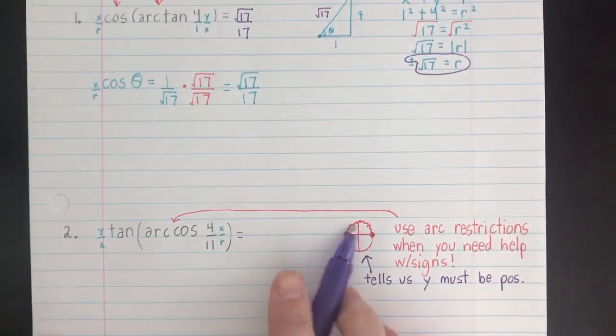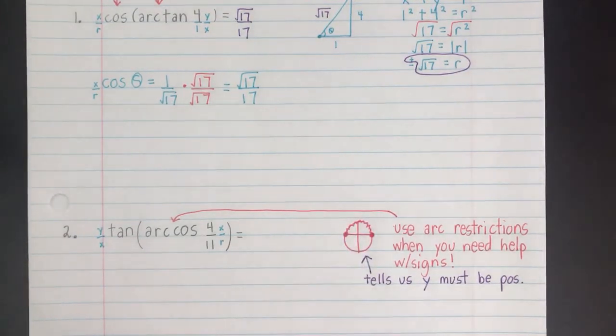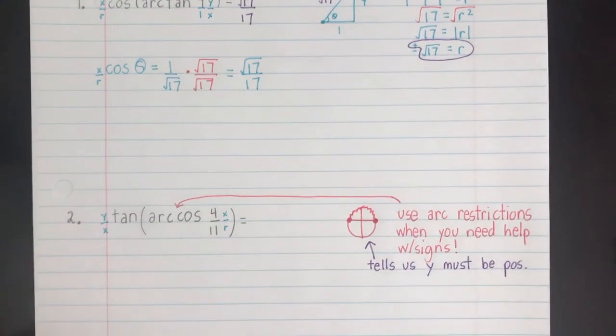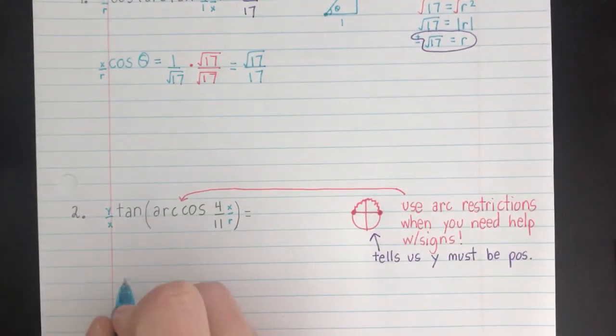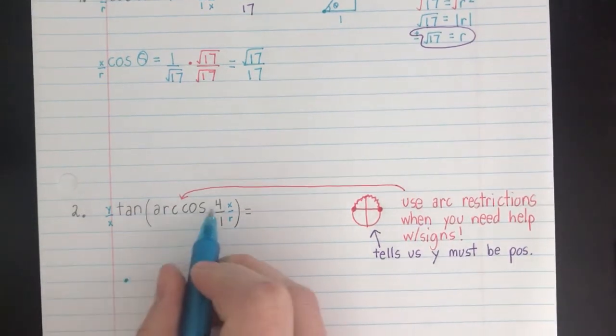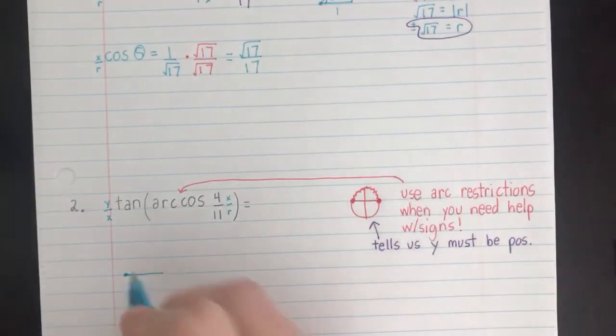Of course, because look, all our y values in this restricted area are positive. So that tells us y must be positive. Okay, so now let's use our right triangle trig. So our starting point, just make it here. Our x value is positive, so we'll go to the right 4.